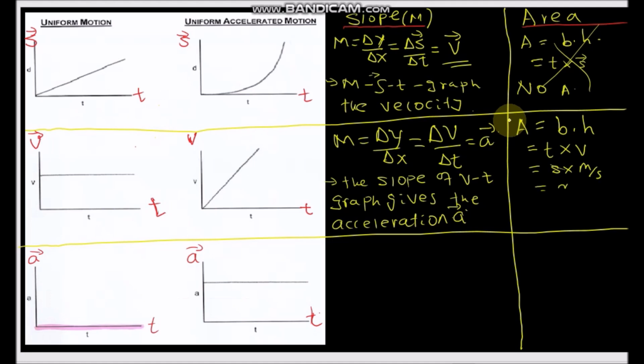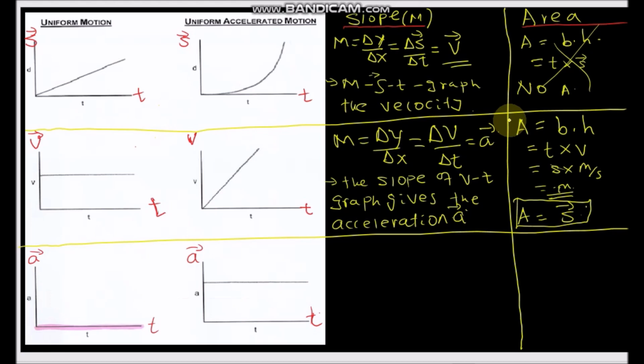The unit left is only meter. But the unit in meter means the area gives the displacement, or the distance. That is the area of the velocity time graph.